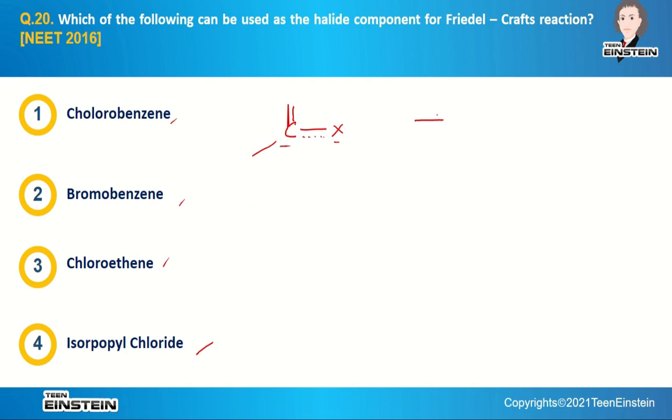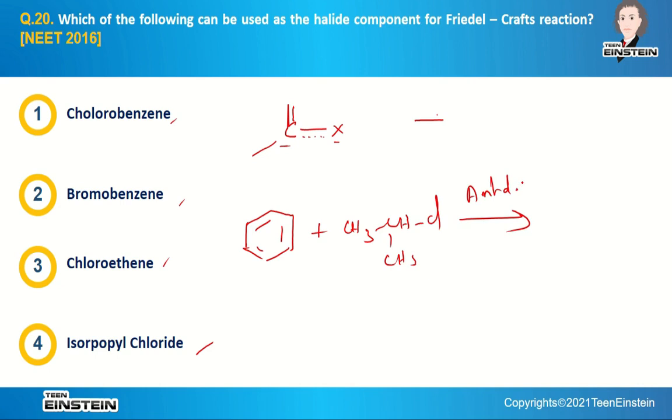Here I will show the Friedel-Crafts reaction which takes place with isopropyl chloride. So first the benzene reacts with isopropyl chloride, in presence of anhydrous aluminum chloride, produces the product.